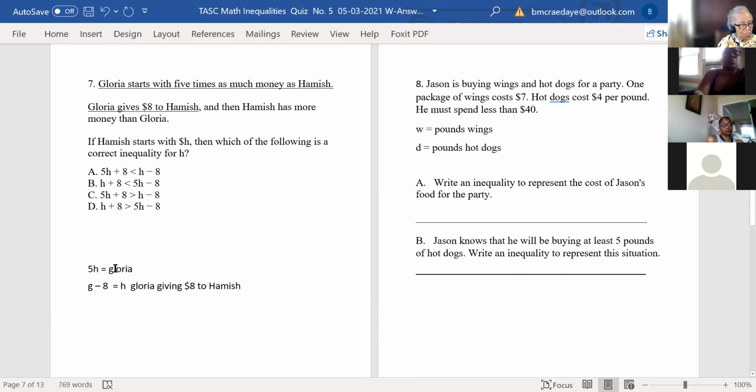In other words, this is Gloria. I'll just put G here. So if I take this here and substitute for G, I would have 5H. That's how much Gloria would have left, right? 5H minus 8.